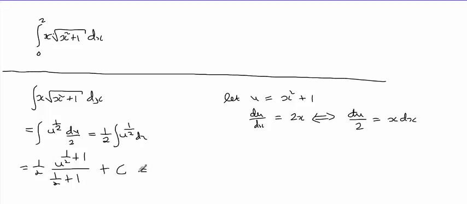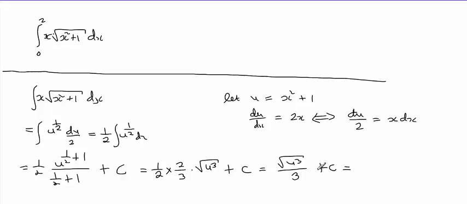Then simplifying this again, we're going to have half times 2 over 3 multiplied by the square root of u to the power 3 plus c, which is square root of u to the power 3 over 3 plus c.